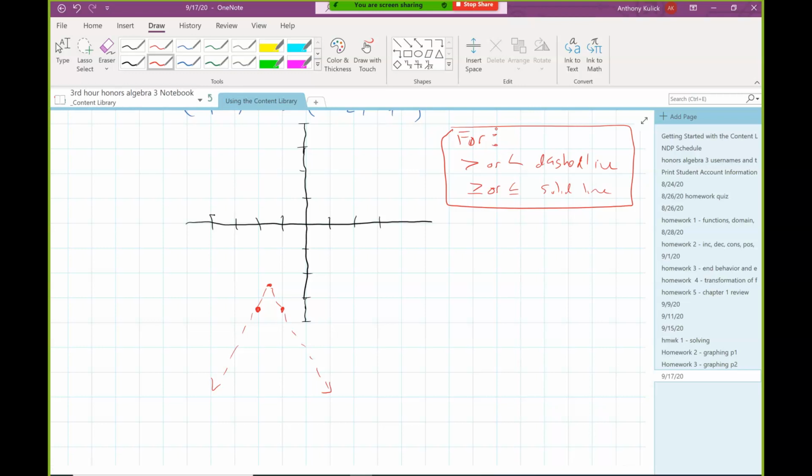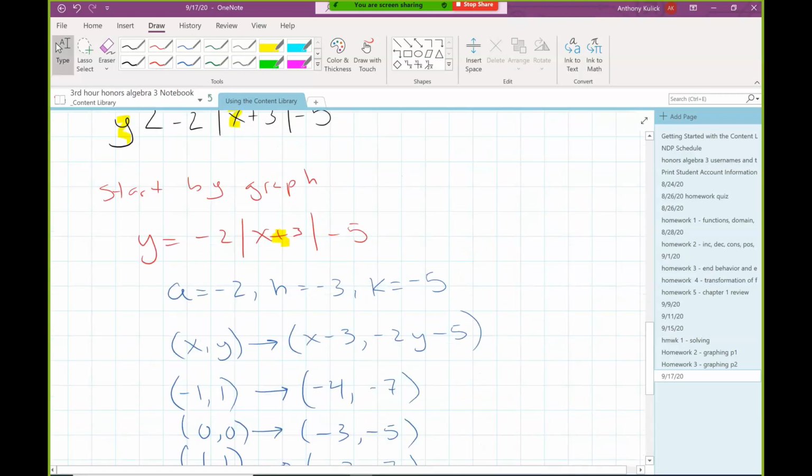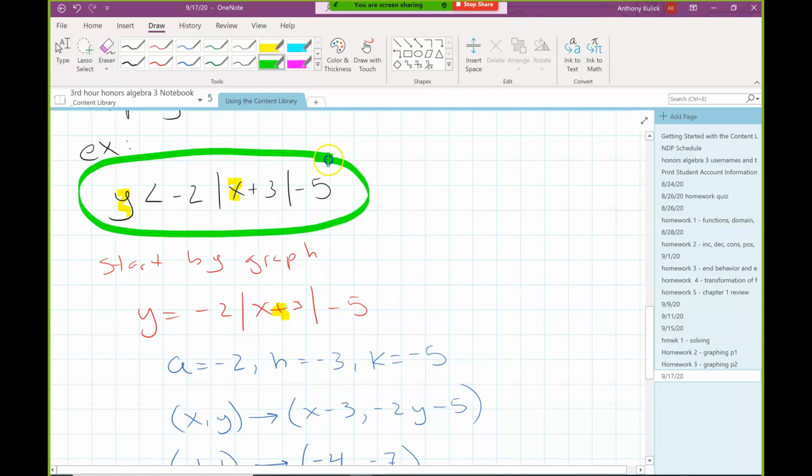So far, so good. Now, the only other thing left to do is decide whether I should be shading above this or below this. So let's go explain how to do that. If we look at the original inequality, we have that y's need to be less than this value.